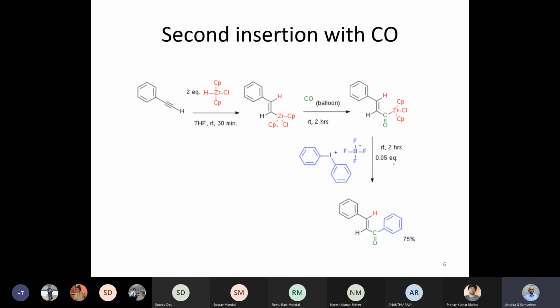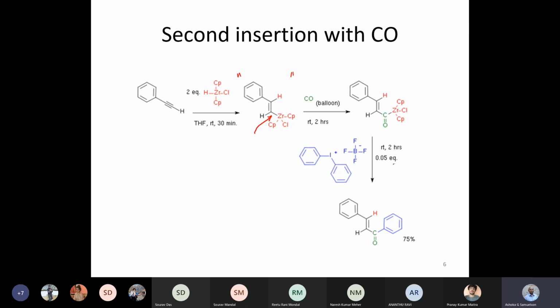Let me now show you that the intermediate that is generated, which I kept writing in a cryptic fashion, can be used for further insertion reactions because it has a 1 electron donor. Remember, addition of the Schwartz reagent generates a Cp2Zr complex in which there is a 1 electron donor.